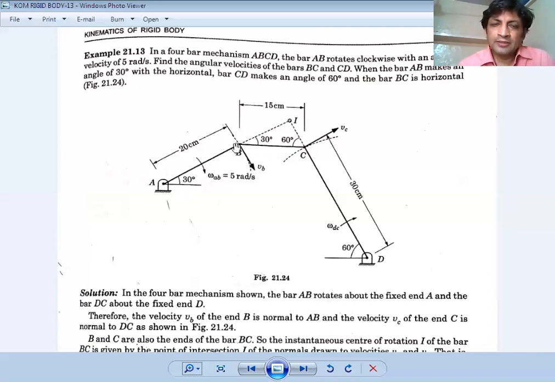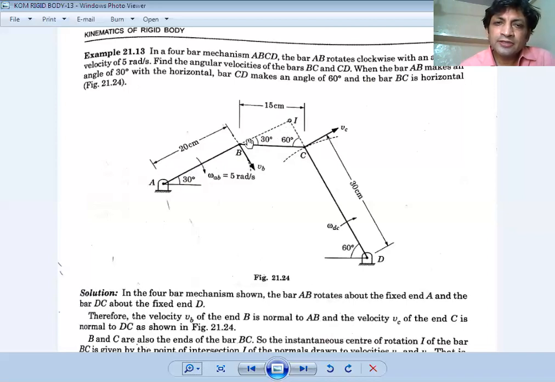As you know, point B is common to bar AB and bar BC, so the velocity VB is common for AB and for BC. But the difference is that for bar BC we have to calculate its instantaneous center.